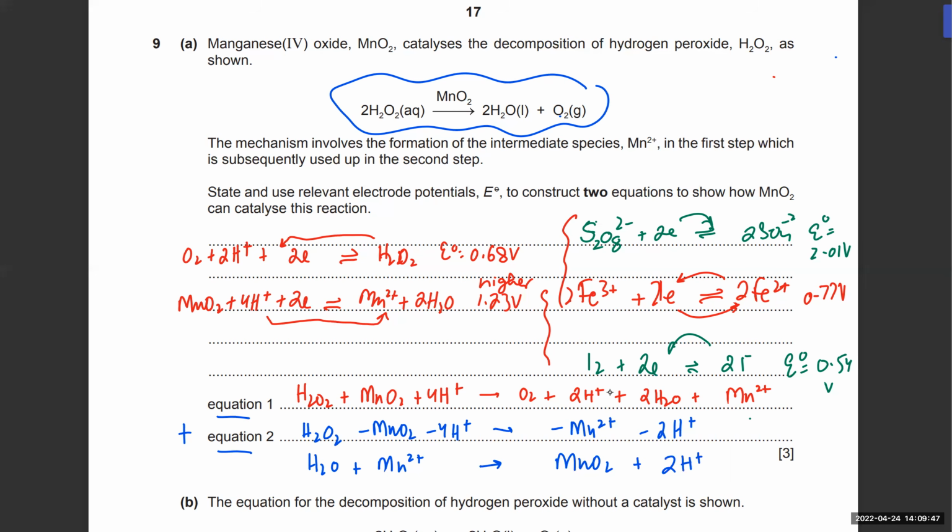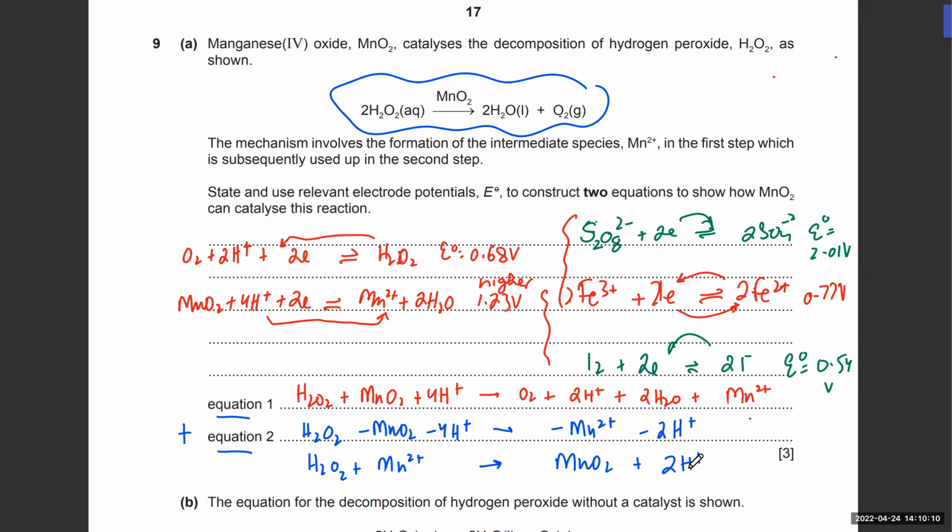So that is what my reaction is going to be. We'll write H2O here in the second equation. Won't the H+ cancel out? The second one, it's not cancelling out. I'm just rearranging this. Minus 4H+, take it to the other side. It's going to become plus 4H+. So it's not going to get cancelled.